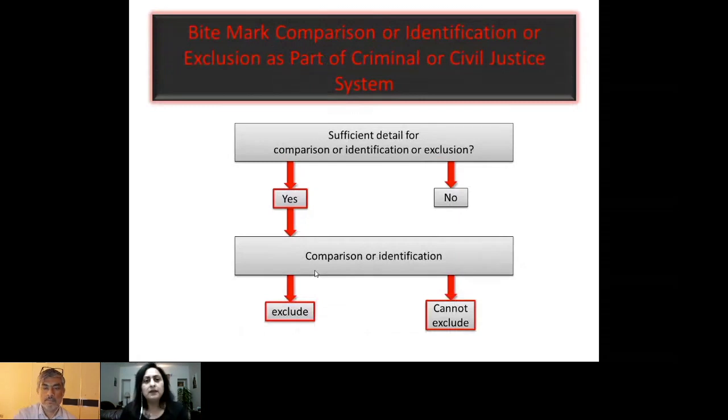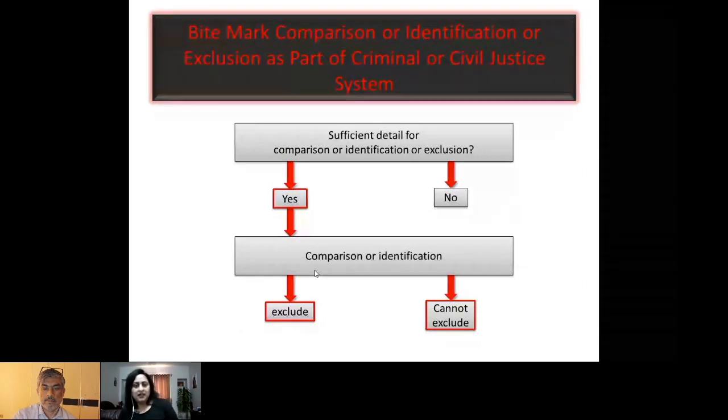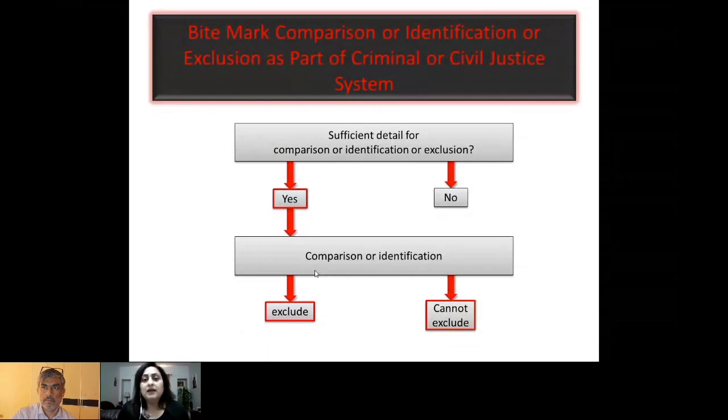And the bite mark comparison or identification or exclusion as a part of criminal or civil justice system. That is, we'll check whether sufficient detail for comparison or identification or exclusion is there. And if yes, we go into the comparison or identification.